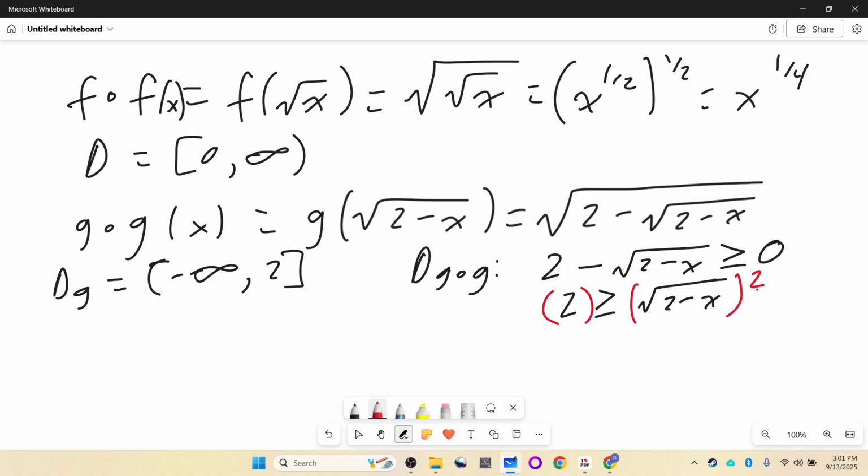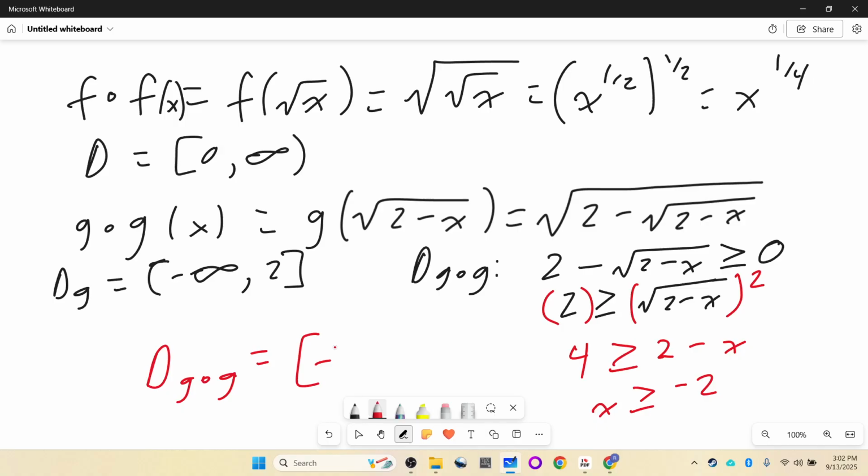The rule is that we can't multiply by something that might be negative, but here both sides are always positive, so this should be okay. 4 is greater than or equal to 2 minus x, which means x is greater than or equal to negative 2. So the overall domain of g composed g would be negative 2 to positive 2.